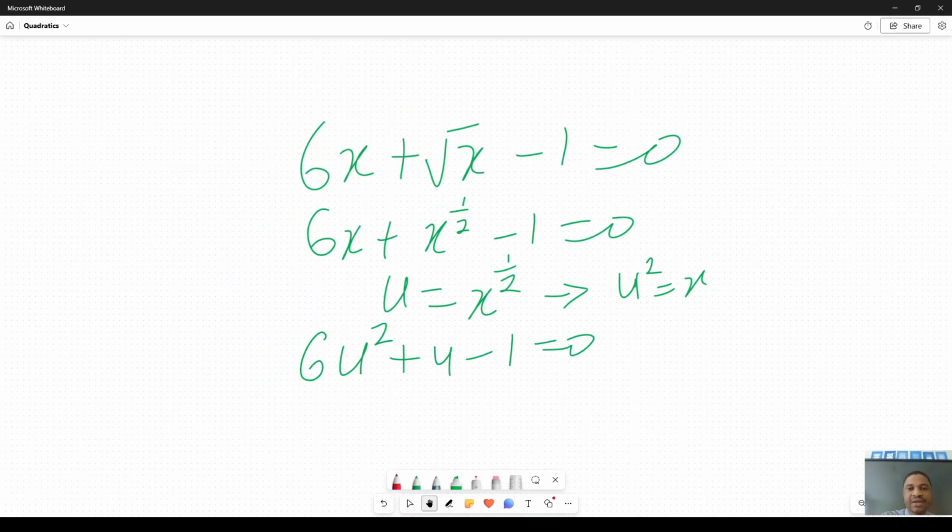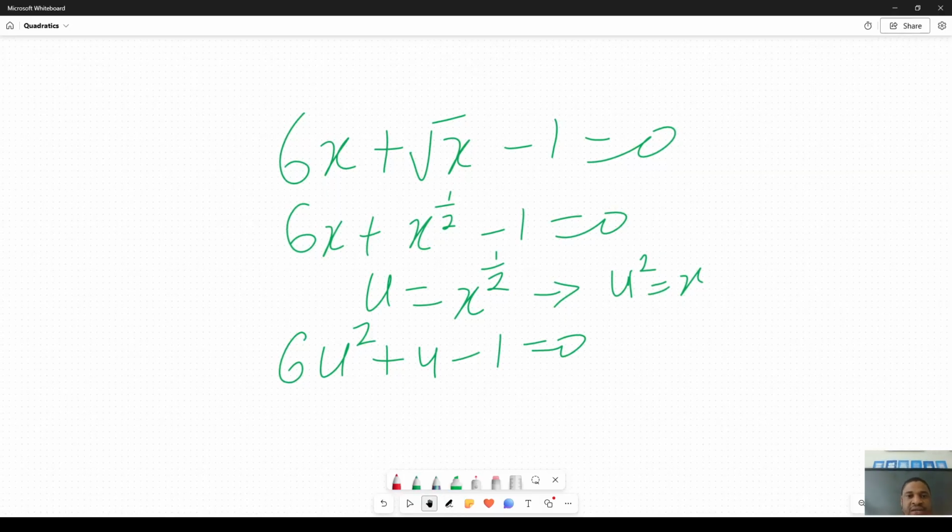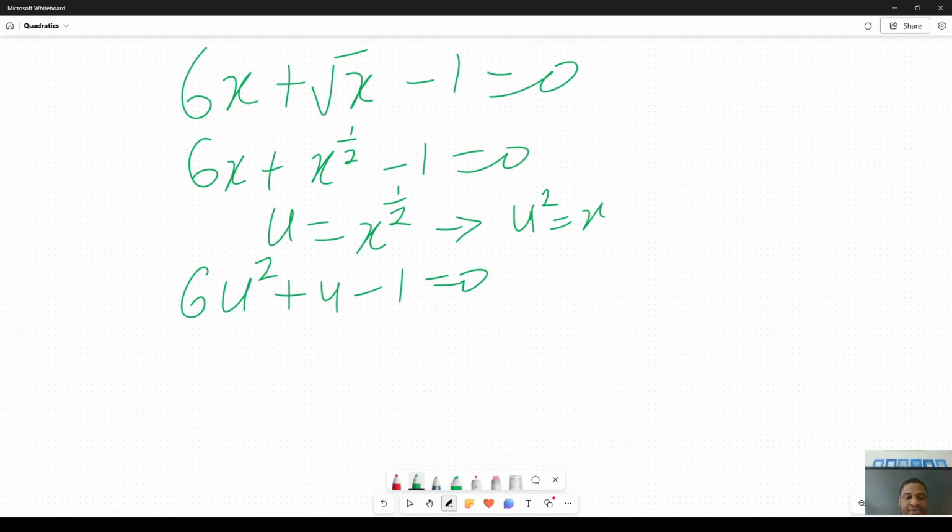Like I said, your calculator is your best friend. So 6, 1, minus 1. Again, your calculator gives you u is minus 1 by 2 and u is 1 by 3. If you directly write this, you lose 1 mark.